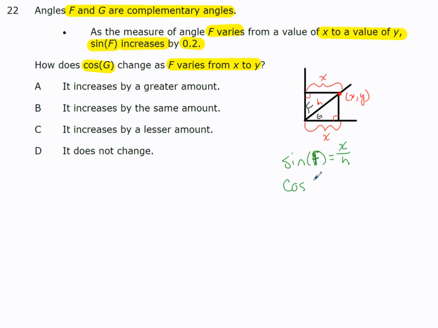The cosine of G is adjacent, which is x, over the hypotenuse. If you notice, these things are the exact same. So as the sine of F increases, the cosine of G is also going to increase by the exact same amount.